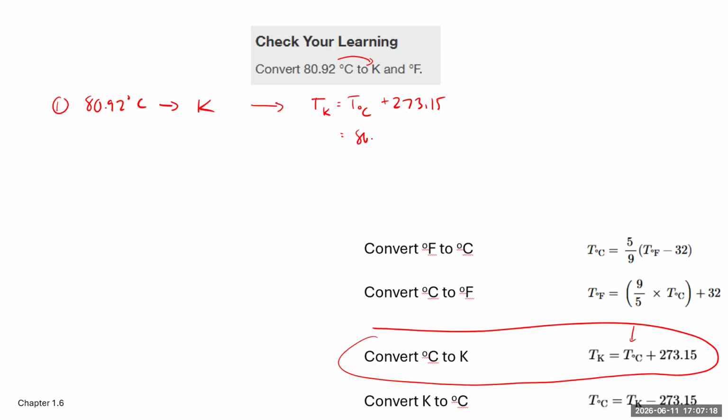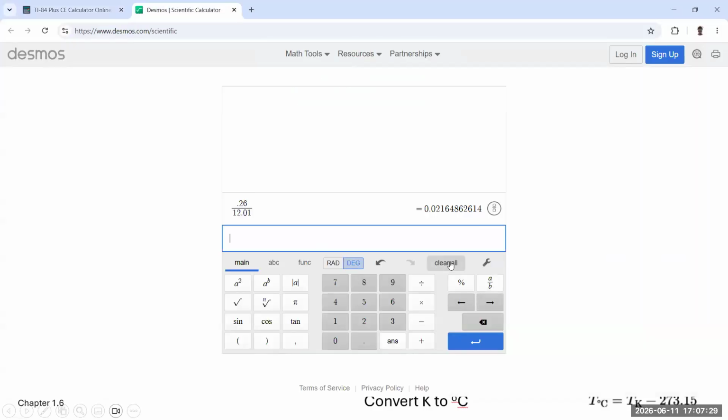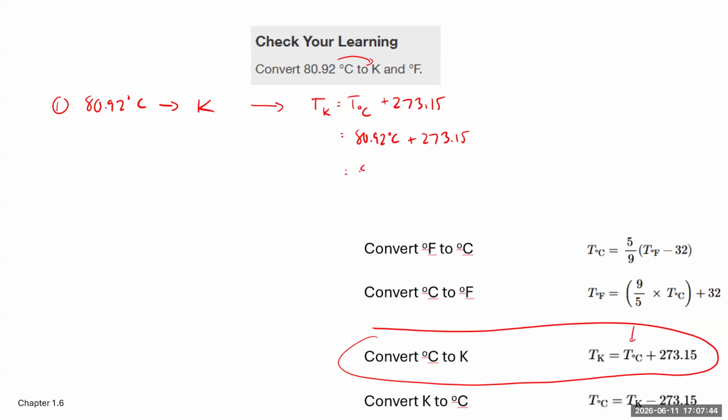So that's 80.92 degrees C plus 273.15. Let's go to the calculator: 80.92 plus 273.15, and that's 354.07 Kelvin. What we want is the same amount of sig figs from start to end, so we need 4 sig figs, so it's 354.1 Kelvin.